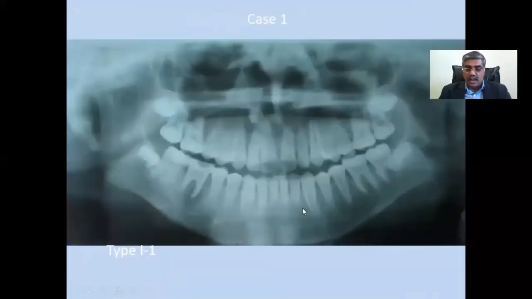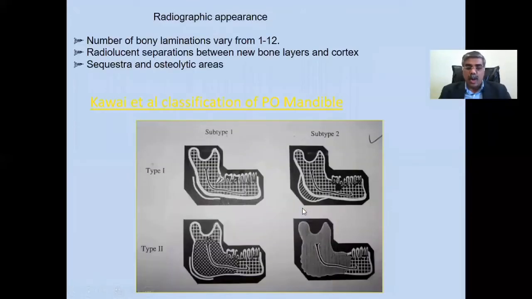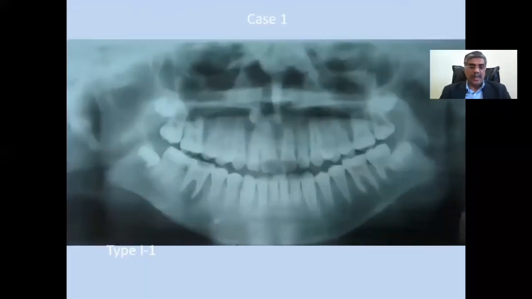The cortex will be maintained in type 1 and it will be lost in type 2. In type 1, there will be a single lamella of new bone. Whereas in type 2, there will be fusiform bony expansion with trabeculae running perpendicular to the cortical outline of the mandible. So let me show you here.